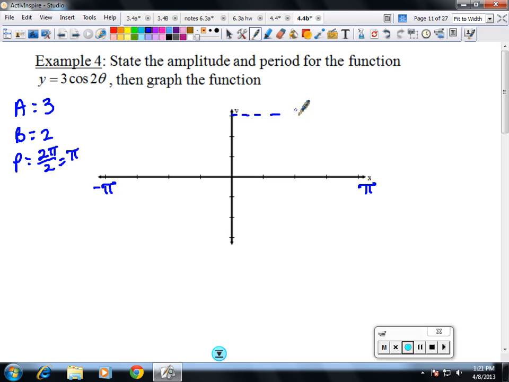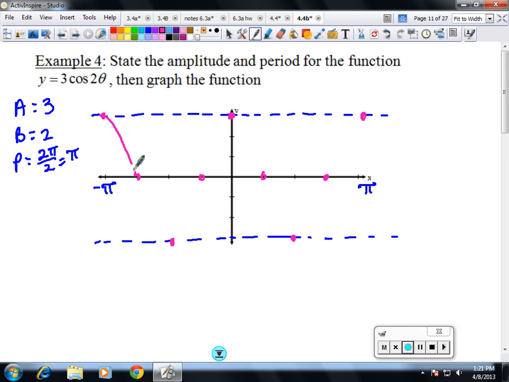I'm going to draw my little amplitude lines up here and here. And it's a cosine graph. Cosine starts in the cloud, so I'm going to start at the top, and then I'm just going to bounce. And sketch. Okay.